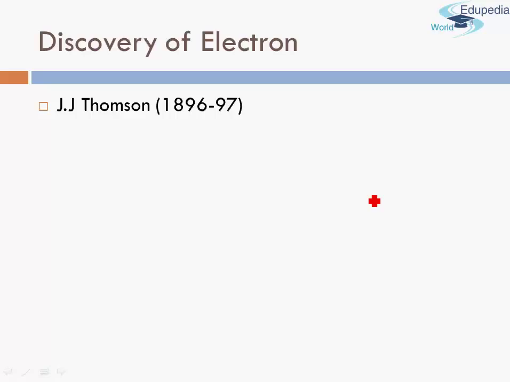But what they could not determine was that these rays are actually made up of material particles, something like a solid object. They are actually made up of particles of solid object which are negatively charged.